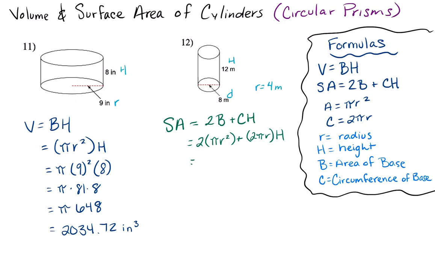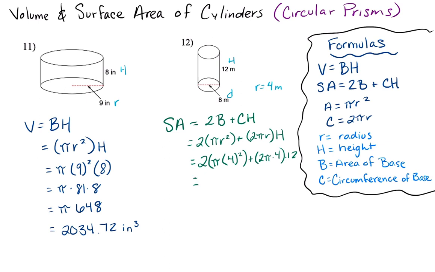So we're going to replace those. We get 2 times pi times 4 squared plus 2 pi times 4 times 12. I know it looks messy with all these parentheses, but as we simplify, things will clear up.